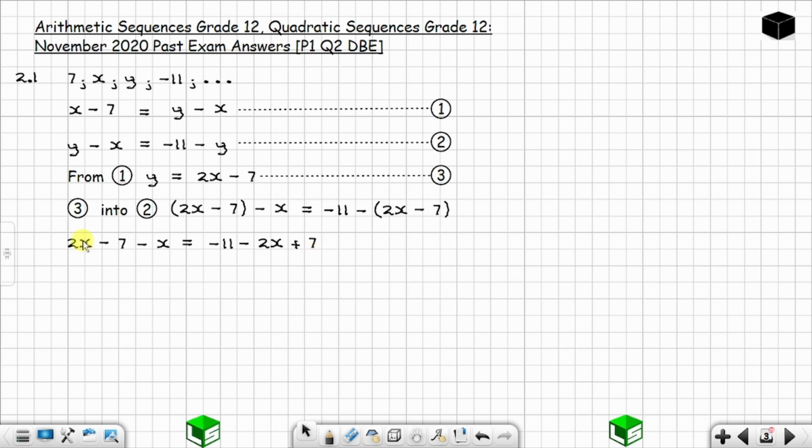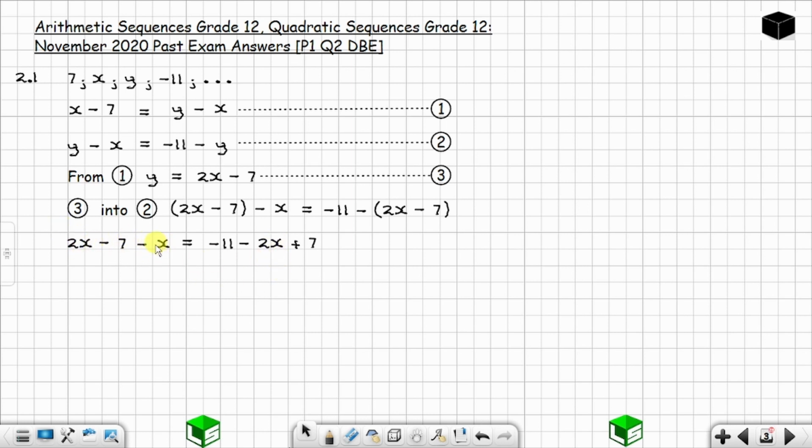And so you carry on. Now you have 2x there minus x. Can you see 2x minus x is equal to x? So this is 2x minus 1x, right? 2x minus x is equal to x plus 2x. When this negative 2x comes to the other side, it becomes plus 2x. So you have 2x minus x plus 2x.